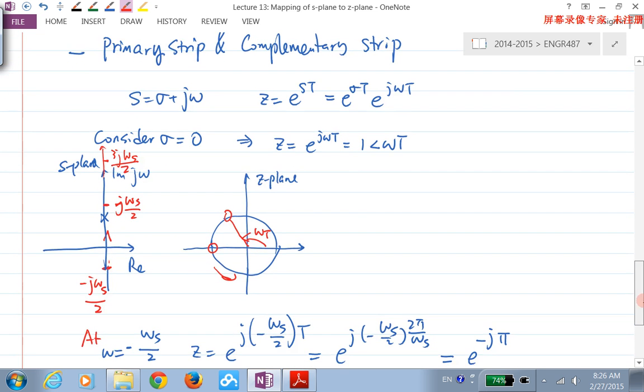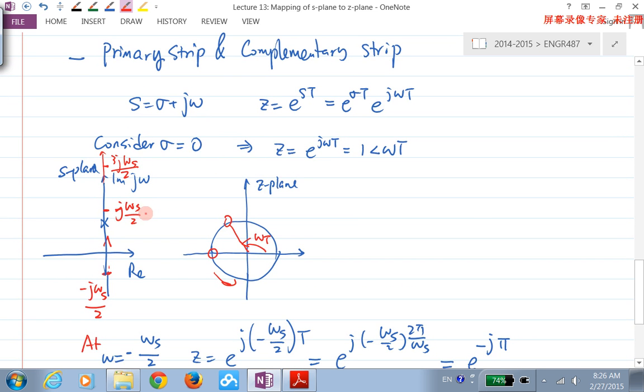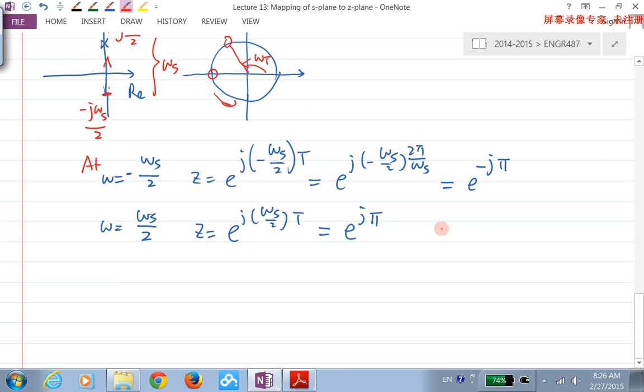The interval between these two is omega s, and the second interval is another omega s. So guess what happens if you move from here to here.